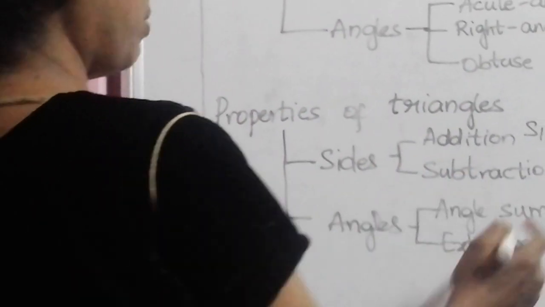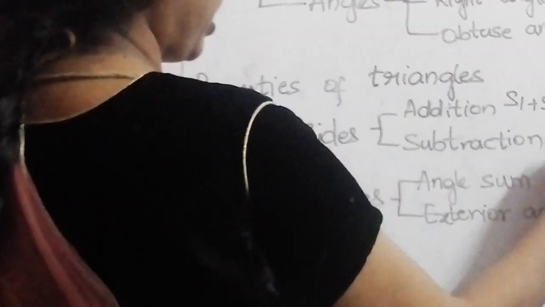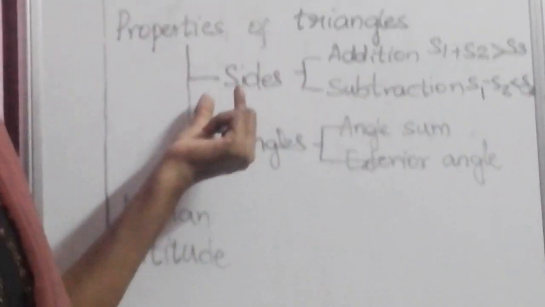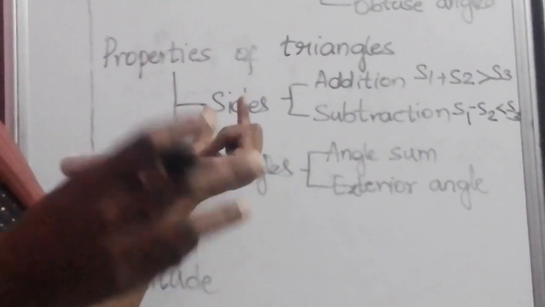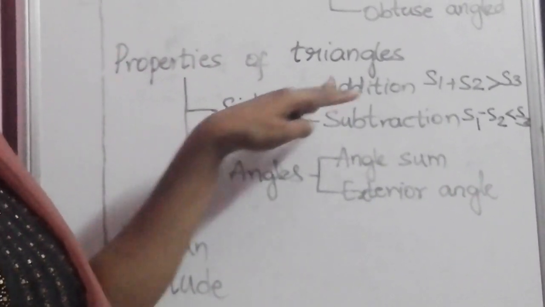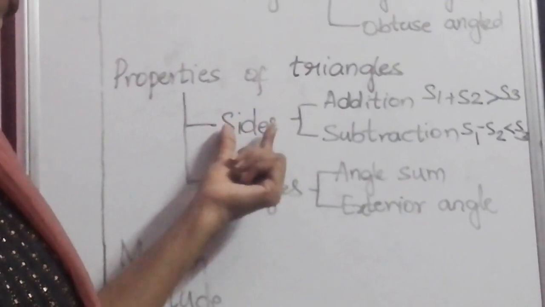Now subtraction means side 1 minus side 2 is less than side 3. When you subtract 2 sides, it should be less than side 3. Whenever you wanted to find out whether the measures are forming a triangle or not, these 2 properties we have used to check whether a triangle is formed or not.